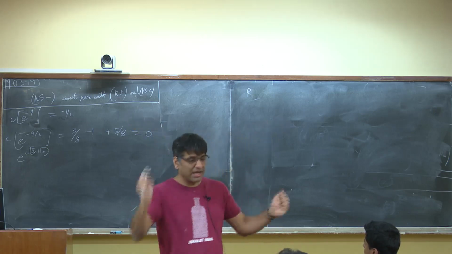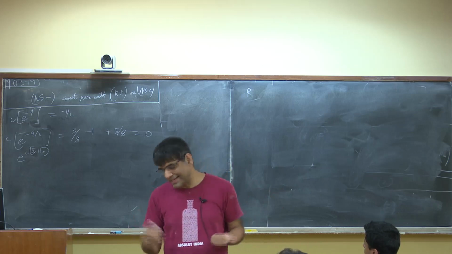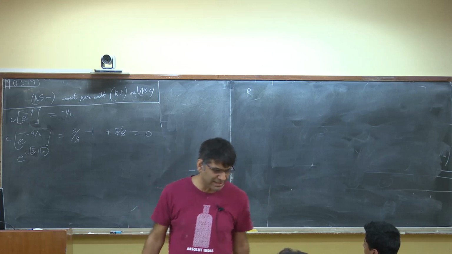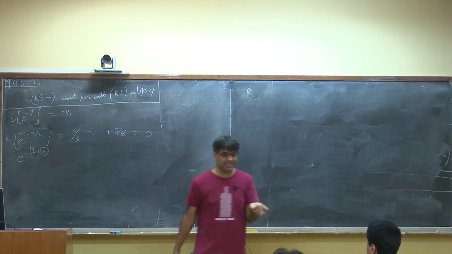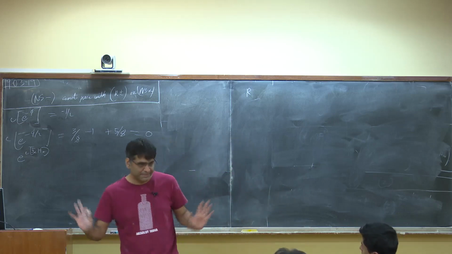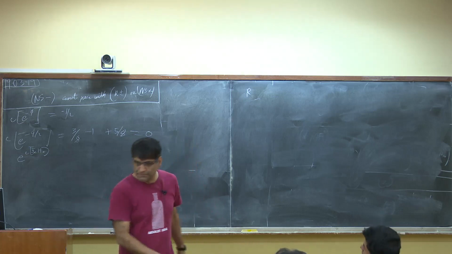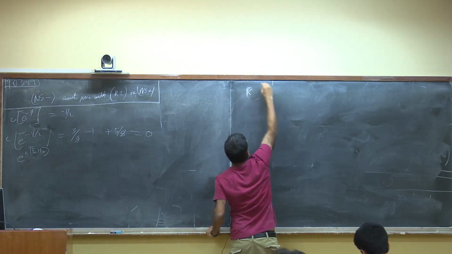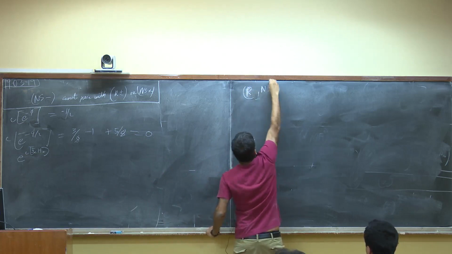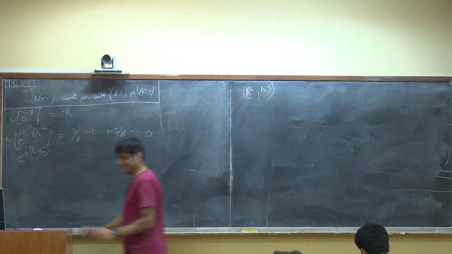First, that there exists an R-NS sector. Second, that there does not, in which case there must exist an RR sector. If there exists an R-NS sector, there may also exist RR sectors. That's fine. But I'm going to assume that there exists an R-NS sector. Say such a sector exists.